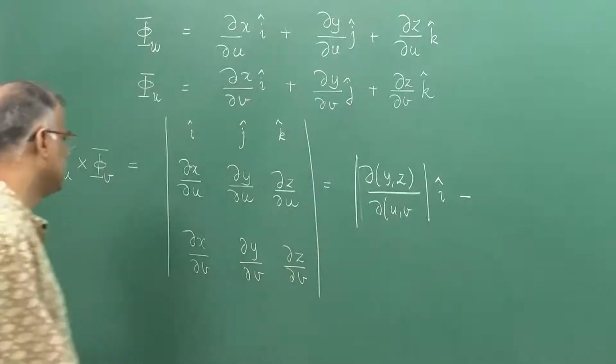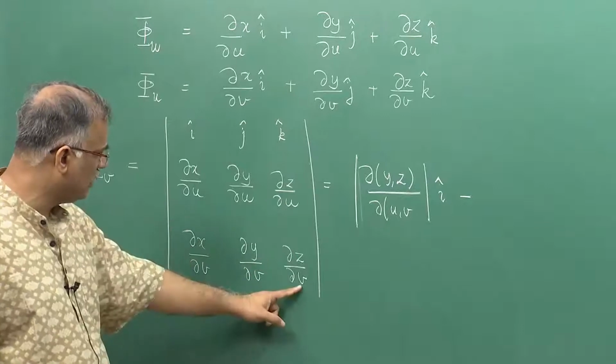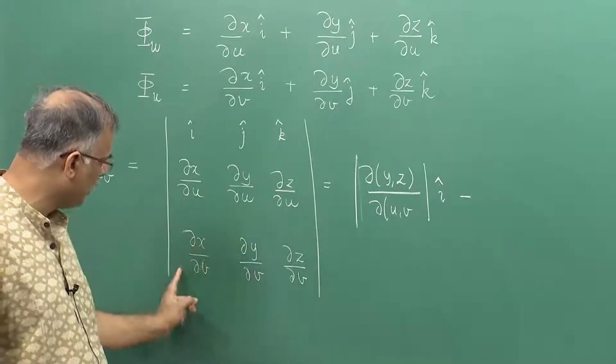Minus, now if you take the j vector, then it is del x by del u, del z by del u, del x by del v, del z by del v.